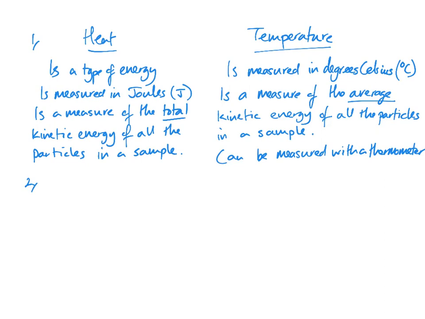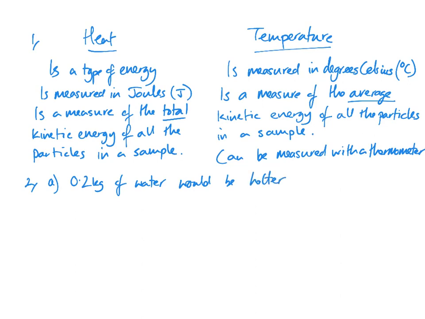And so number 2, we have 0.2 kilograms of water and 0.8 kilograms of water in 2 beakers, and they're both supplied with the same amount of heat. And the 0.2 kilograms of water would be hotter.